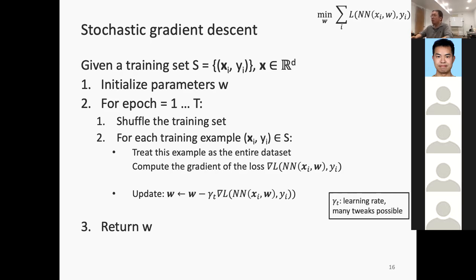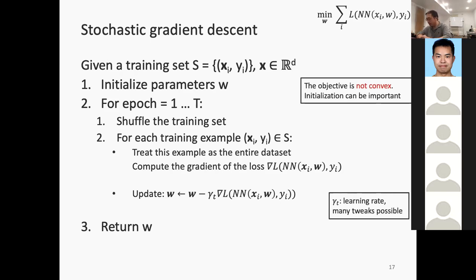Okay. But here I want to mention something very important in practice. First, this is different from the SVM's objective function or the least mean square objective function. This objective is in general not convex, and in general highly nonlinear.